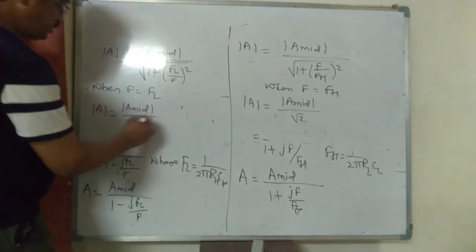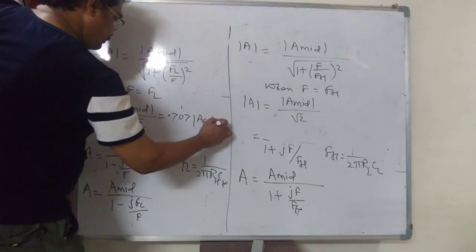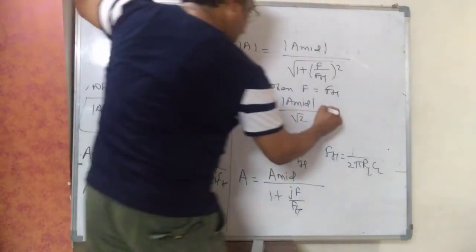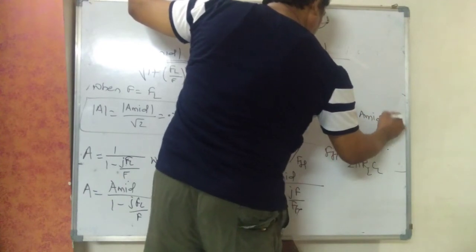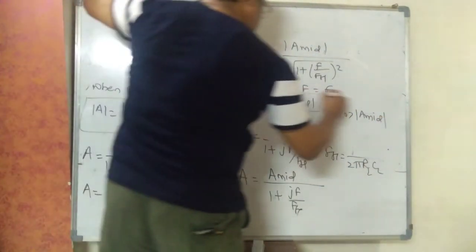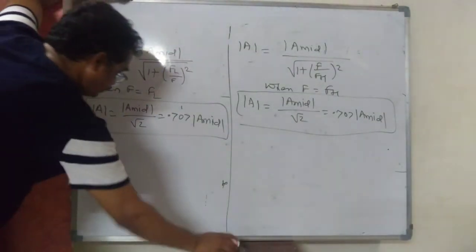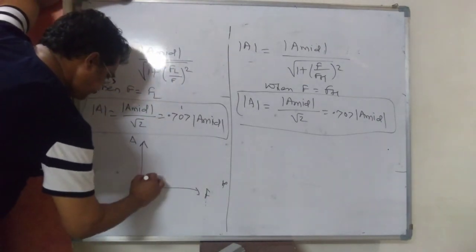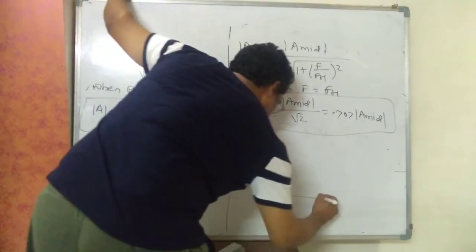And 1 upon under root 2 is 0.707. So this is the high pass filter. This is the low pass filter.